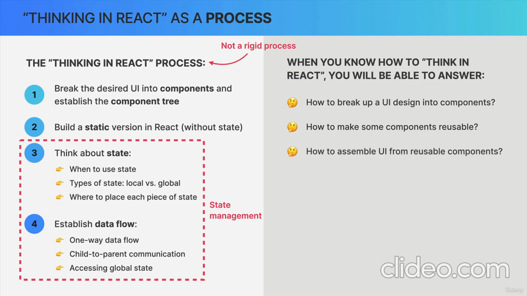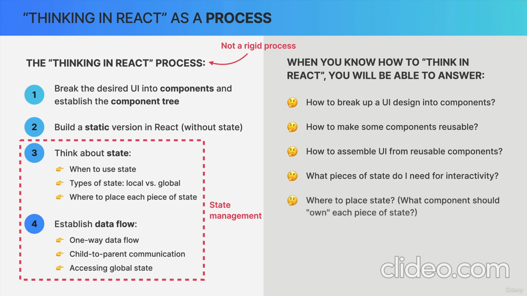Now, we also think a lot about state, like what pieces of state do I need for the interactivity that I want, and where to then place each of these states. Or, in other words, what component should actually own each piece of state? Or what types of state can or should I use? And, in more general terms, how to make my data flow through the application.